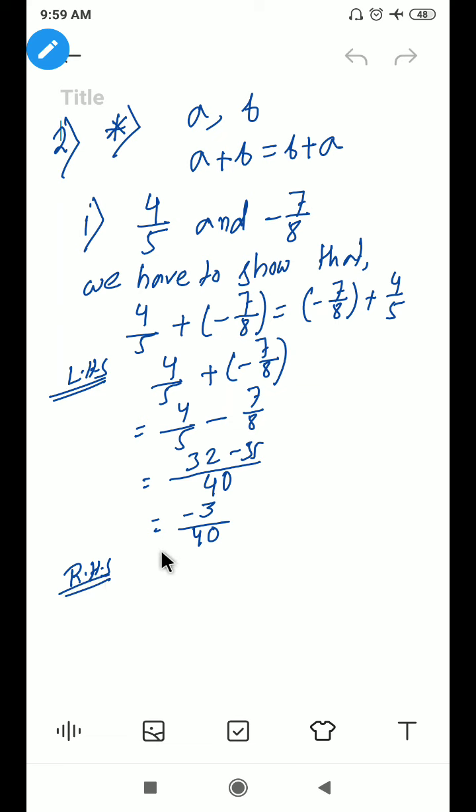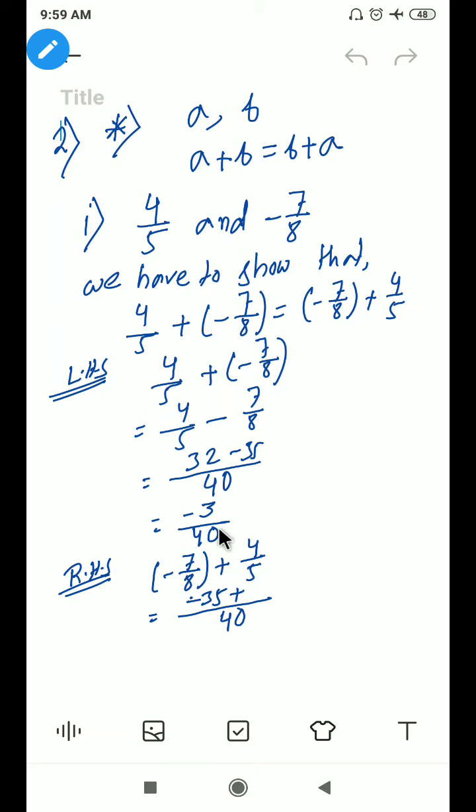So RHS is given here: minus 7 by 8 plus 4 by 5. Again do the LCM of 8 and 5, it will be nothing but 40. So which number multiplied with 8 will get 40? That is 5. So this 5 you have to multiply with 7. This will be 35. And plus, which number multiplied with 5 will get 40?